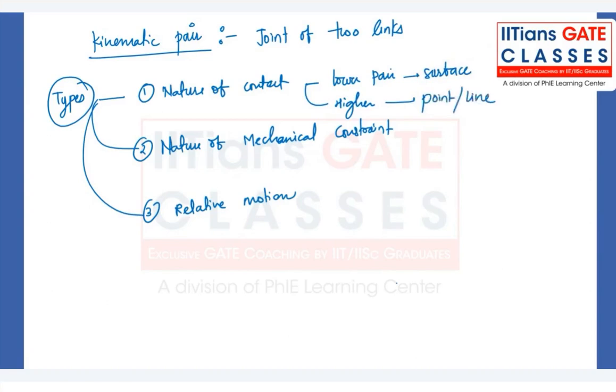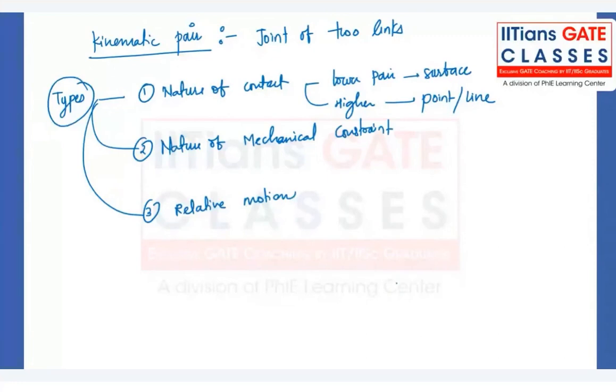Let's take an example of a ball bearing or roller bearing. Whenever a ball bearing or roller bearing is moving inside the race, it has point contact. So a ball bearing will have point contact and a roller bearing will have line contact, which makes a higher pair.